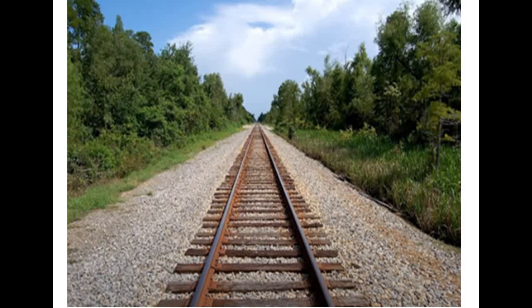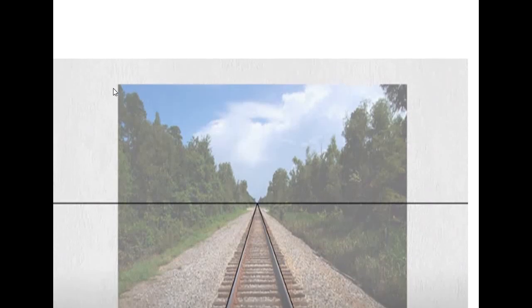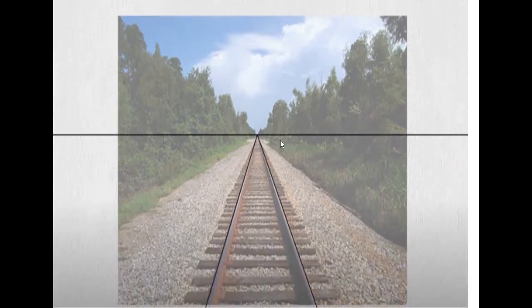The vanishing point generally lies on the level of the horizon. See here in this picture, there is a horizon line, and here only the track ends. So that is the vanishing point also.